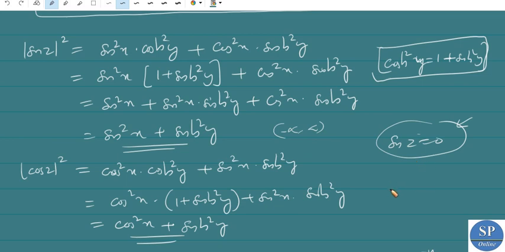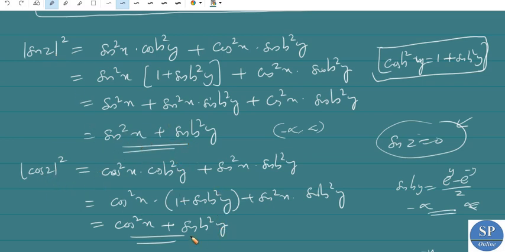Because we have sinh y equal to e power y minus e power minus y divided by 2, this lies between minus infinity and infinity. For possible values of y, sinh y varies from minus infinity to infinity, because y is a real variable. So mod sin z whole square is not bounded.